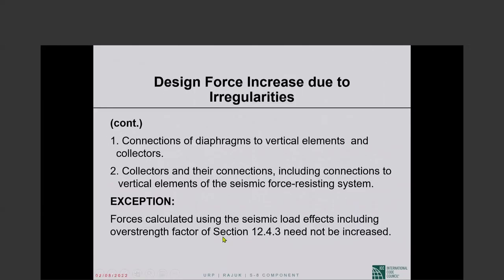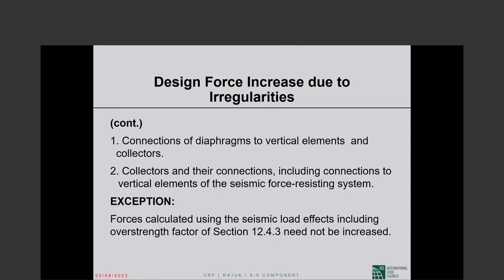So where do you have to increase the design forces by 25%? Connections of diaphragms to vertical elements and collectors. The very nice picture was in the previous segment. Do you remember the picture of the diaphragm that I showed to explain what collectors are?